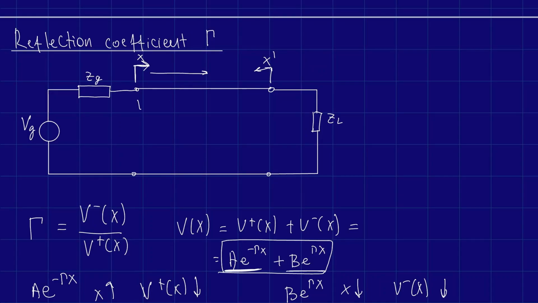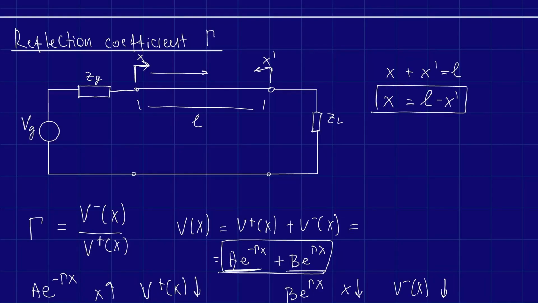So this length right here of the transmission line, let's call it L, and we can say here that x plus x prime equals L. And if we isolate x, we have that this is equal to L minus x prime, okay? So seeing that we expressed x in a different way, we can just substitute in our already existing formula.